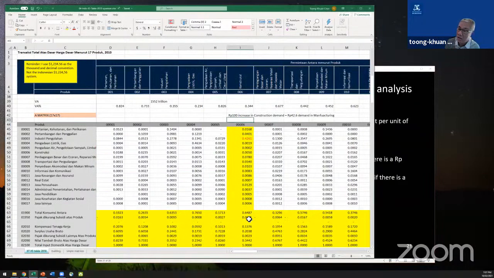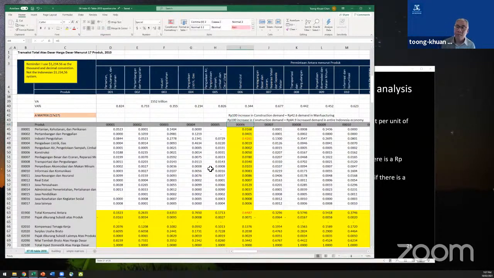So you then just look for this number over here, total konsumsi antara. So that basically tells you that if you have a 100 rupiah increase in construction demand, you have 64.9 rupiah increase demand in entire Indonesia economy.